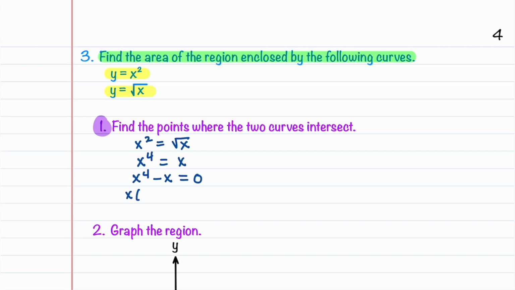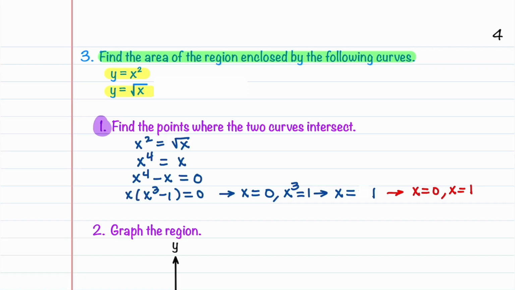We can pull out an x, and then we have x cubed minus 1 is equal to 0. And this gives us x is equal to 0, and then x cubed is equal to 1, and this gives us x is equal to 1. So let's just write down here that we have x is equal to 0 and x is equal to 1.